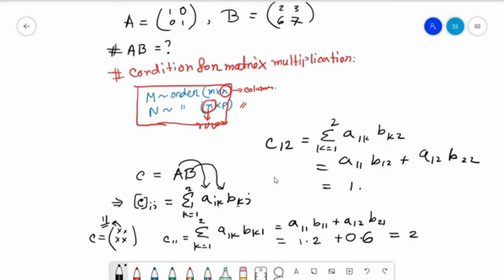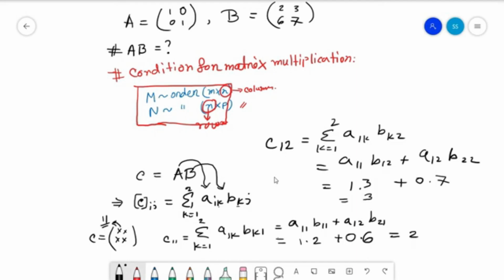A11 is 1 again, B12 is 3, A12 is 0, and B22 is 7. So this is just 3.